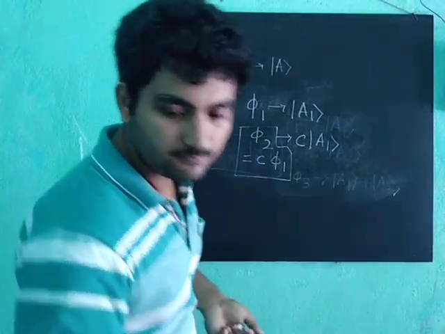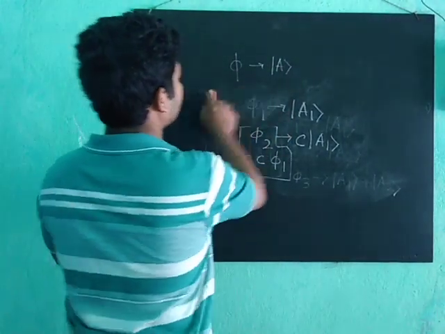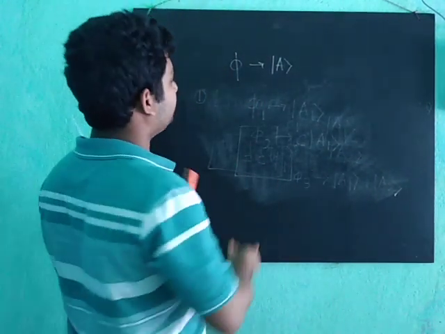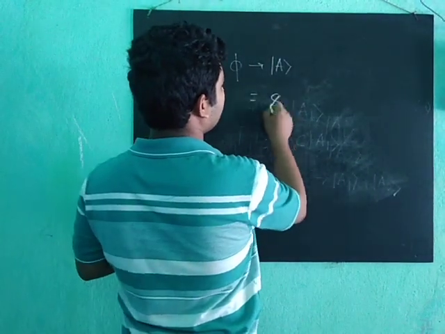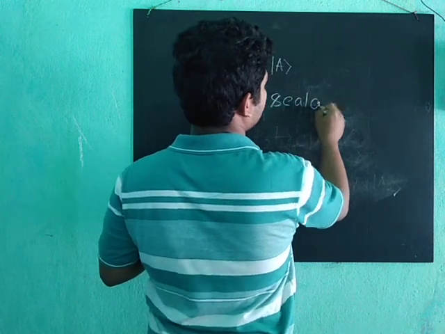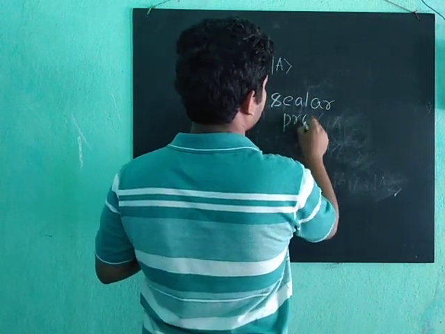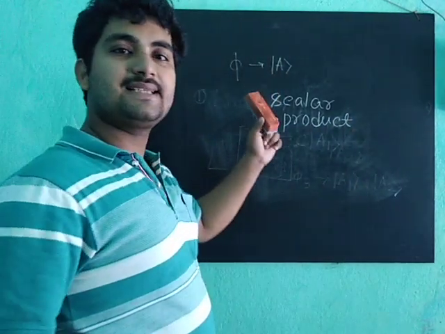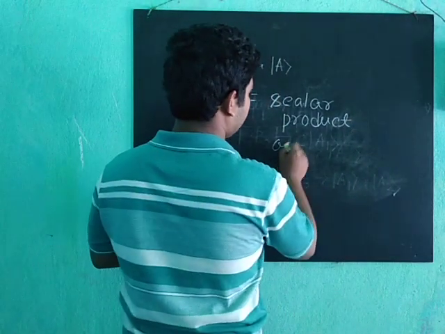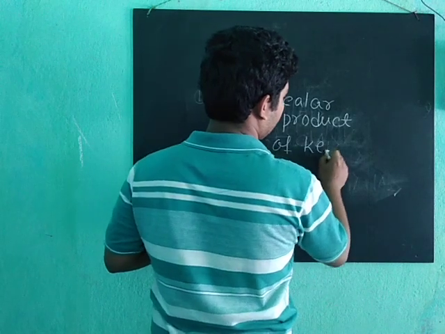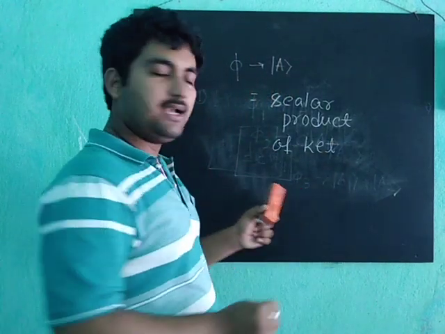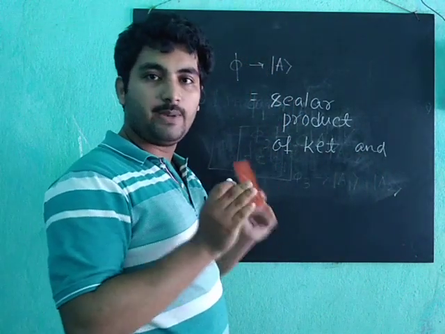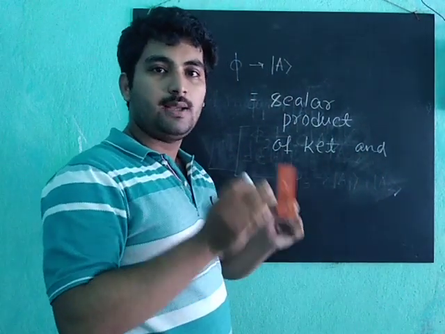So phi is the scalar product of a ket vector and a new vector which is called bra.